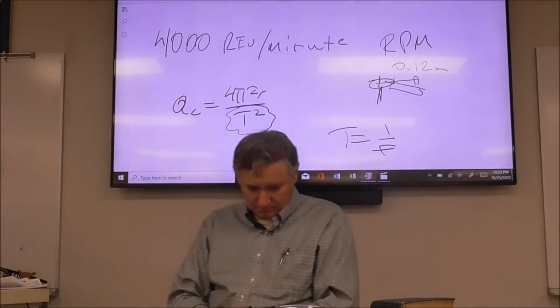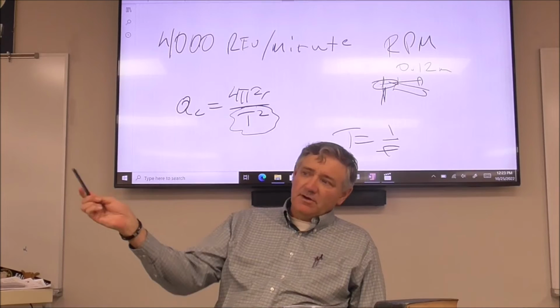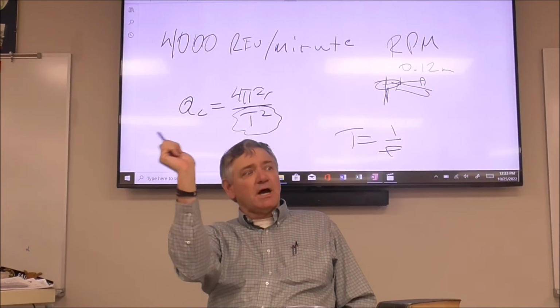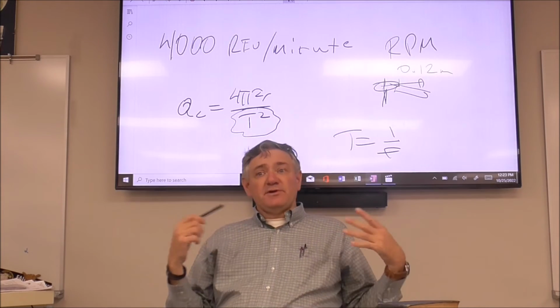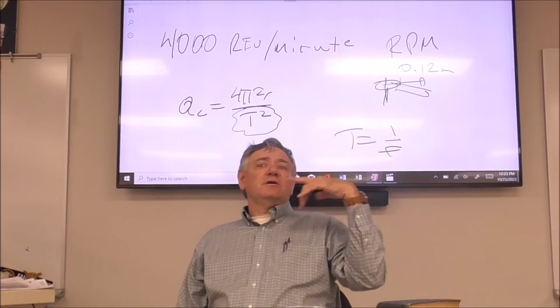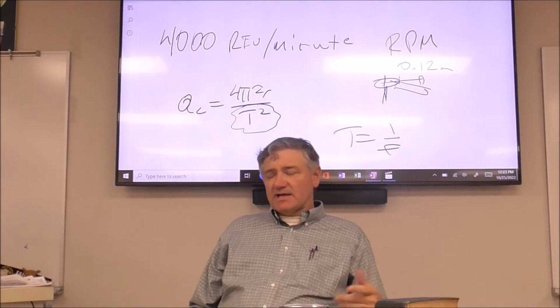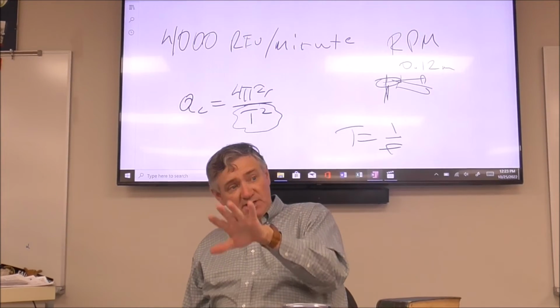Now, period is something that we've talked about. How long does it take that rubber stopper to go once around in a circle, okay? Orbital period of the Earth? Oh, that's 365.25 days. How long does it take for our rock to spin on its axis? Oh, 24 hours. So we're familiar with the concept of t.